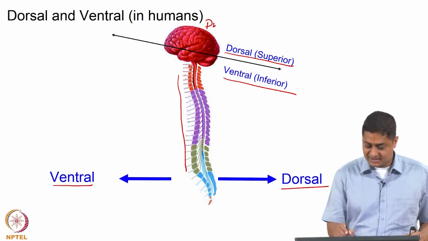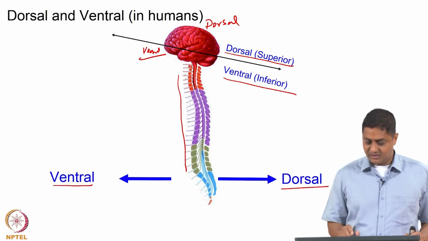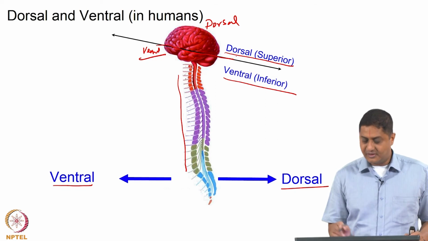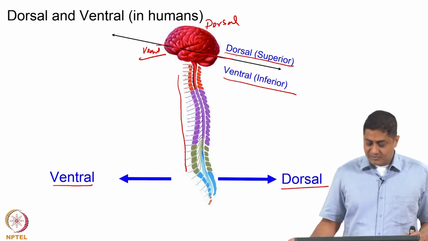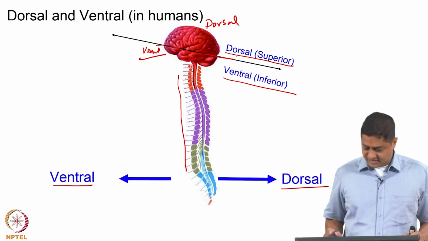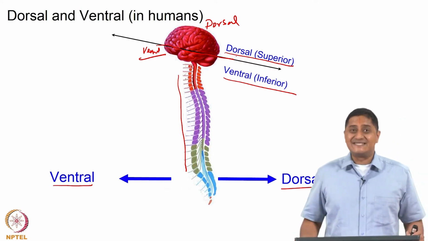So, this region is dorsal and this region is ventral. That happens here at the junction of the brainstem and diencephalon. Below that level, dorsal and ventral refer to a situation similar to the spinal cord. Above that level, it is different.